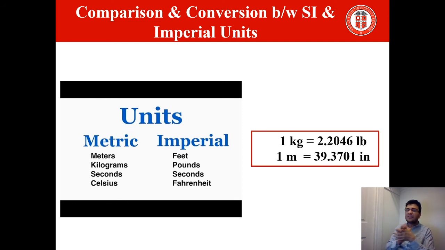I've just cited a couple of examples. For example, a kilogram is 2.2 pounds and a meter is 39.37 inches. So the idea is that there exist two unit systems. SI is the standard unit, and there are inter-conversions taking place to get things right.